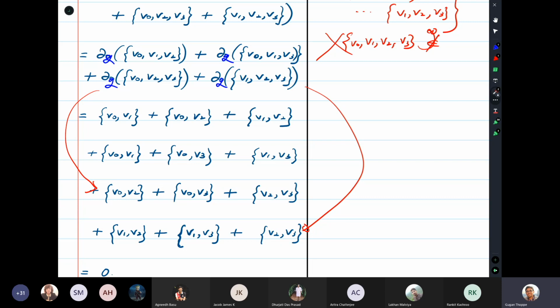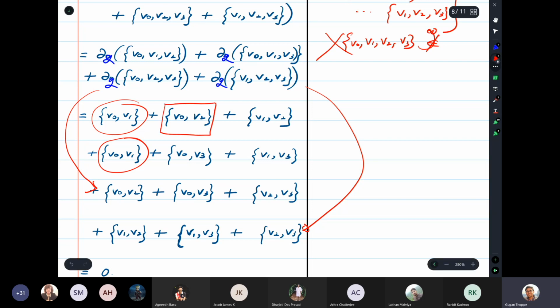Then what I observe is that here there is V0 V1, and similarly here there is V0 V1. So if I add these two things, this will cancel off. Now let's look at V0 V2. Here is V0 V2, and here is V0 V2. Now let's look at V1 V2. Here is V1 V2, and here you have V1 V2.